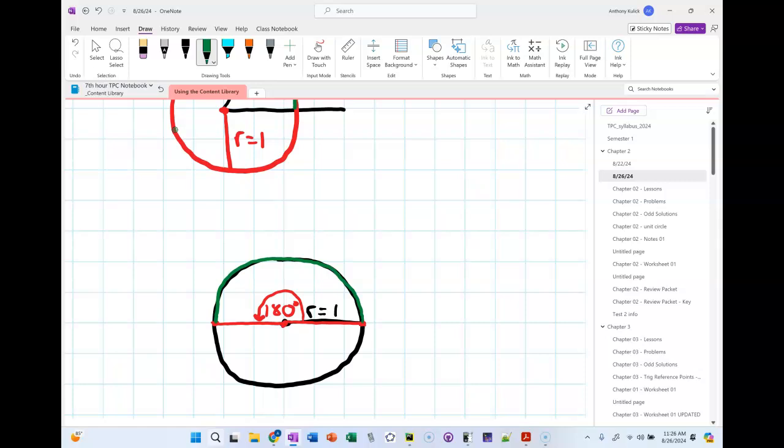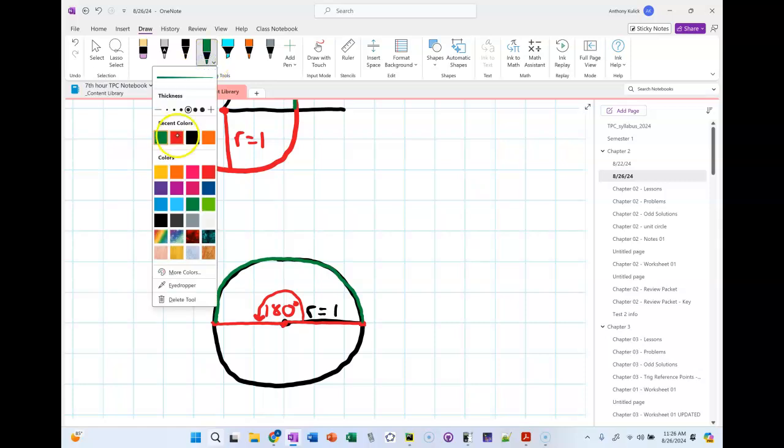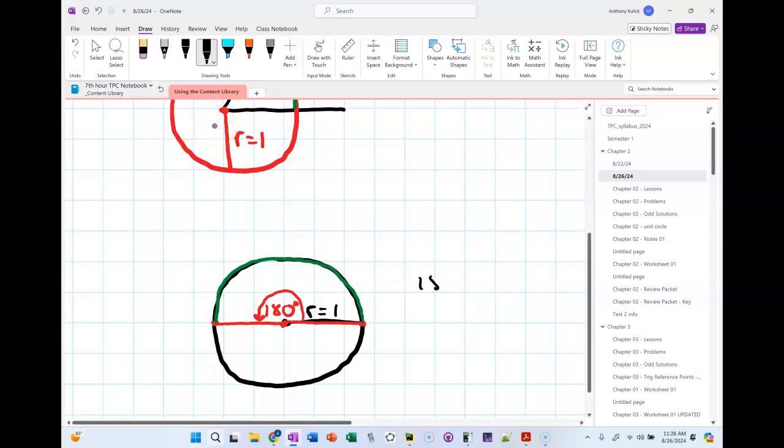If I look at that green distance, that's half of the circle circumference. Does anybody remember the formula for the circumference of a circle? It's been a long time. 2 pi r. And in our circle in particular that we've drawn here, the radius is 1.